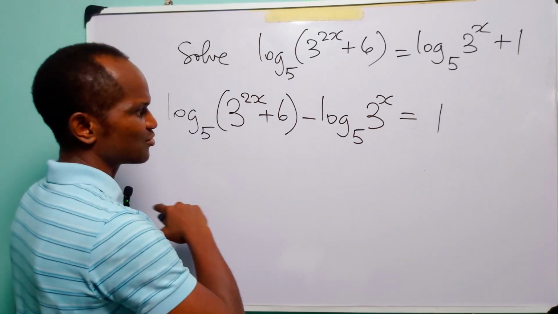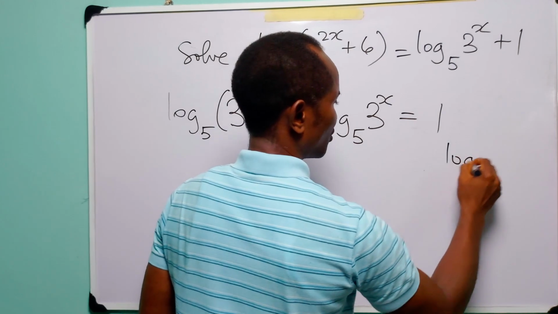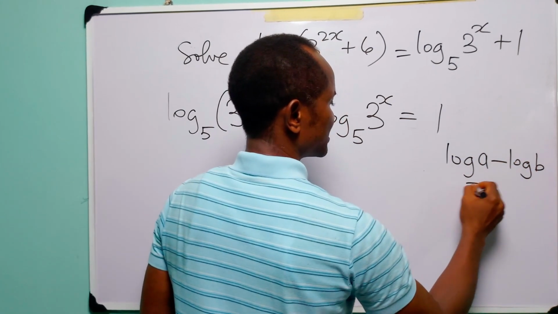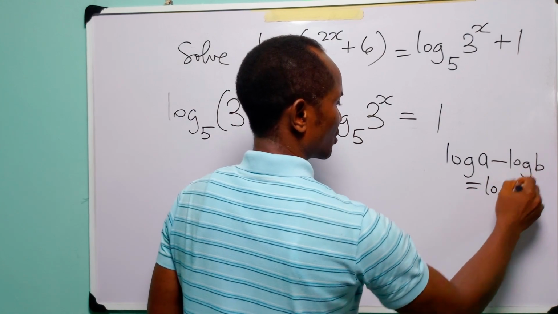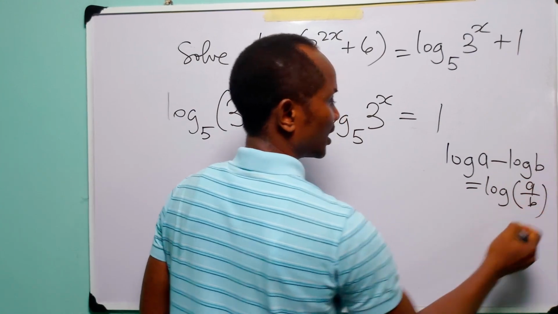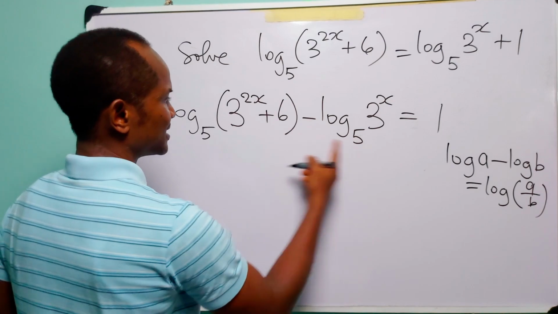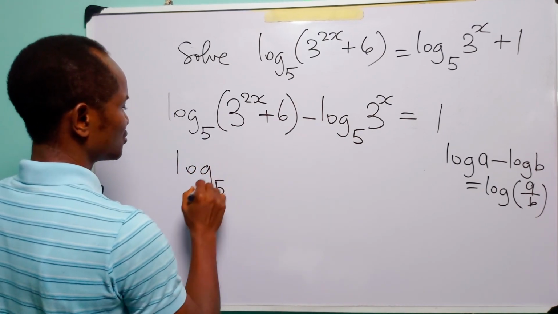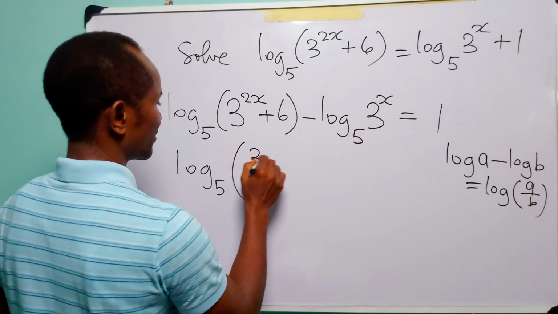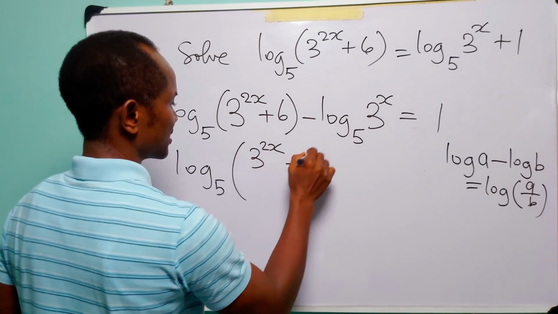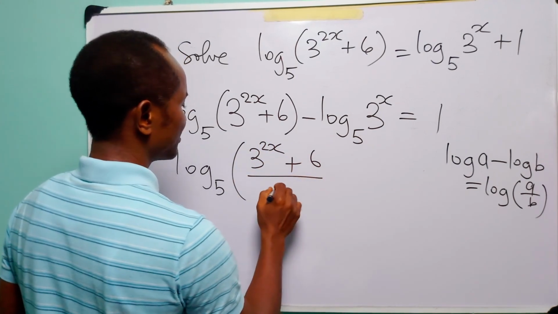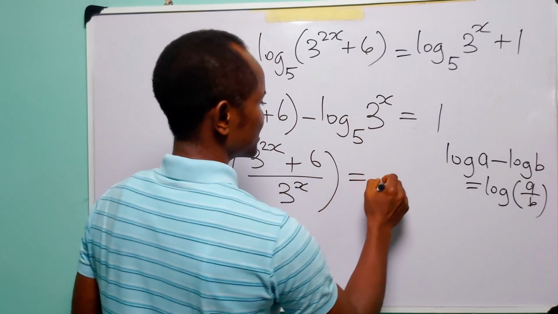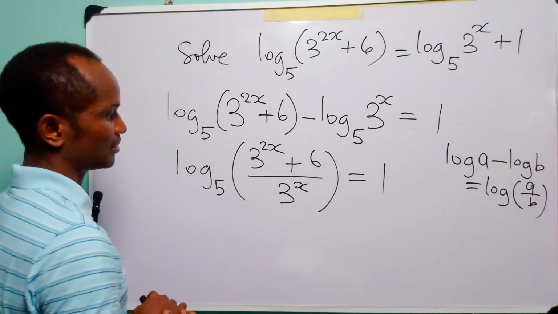Now the next step is to remember that when we have log A minus log B, this can be written as log A over B. So we can write this left hand side as log to base 5 of 3 to the power 2x plus 6 divided by 3 to the power x, and this is still equal to 1.